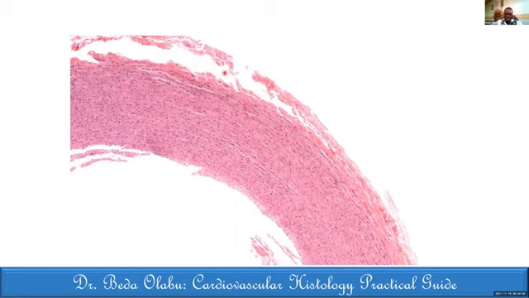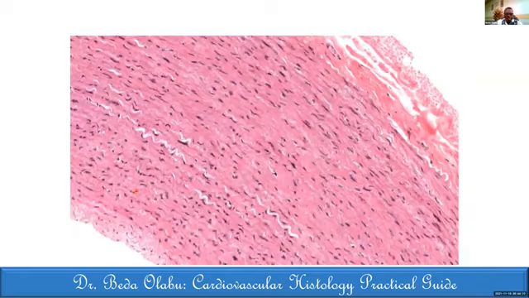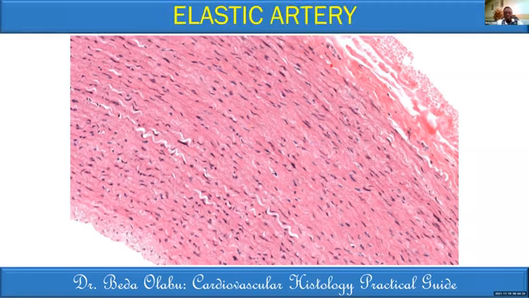We can see it's thin. That is tunica intima, also not very prominent. We don't see a prominent internal elastic lamina, but the tunica media seems to have some lamellae. And a high magnification shows that there are several lamellae within the tunica media, which is very thick. This is an elastic artery, like the aorta is an example.